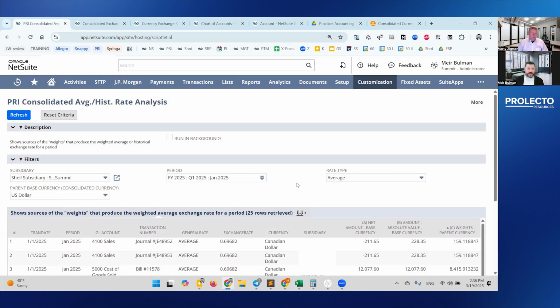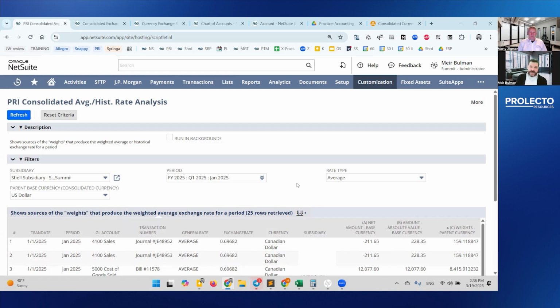Let's make it more specific. Let's say there was an infusion of capital in a given month. So the investors invested a lot of money in a particular month. Those equity impacts are going to be translated into a consolidated currency based on the weighted average of those historical rate account types in that period.